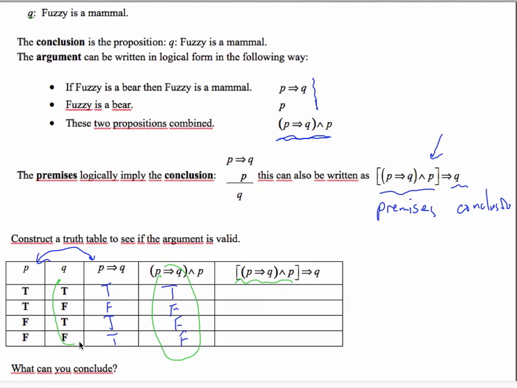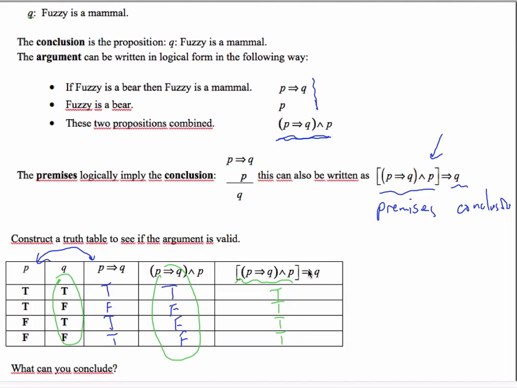Remember this is an implication, so we're looking for true, false. Here we have only one true, and over here that is actually true. So it's true, true, so that's not false. None of these statements are going to be false. They're all going to be true.